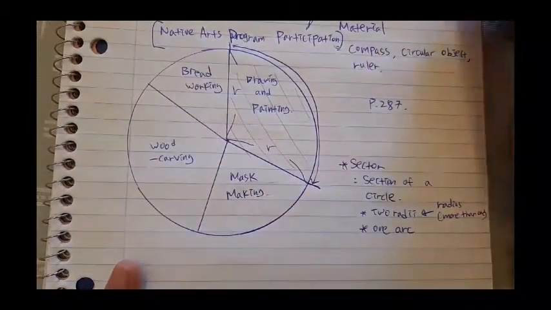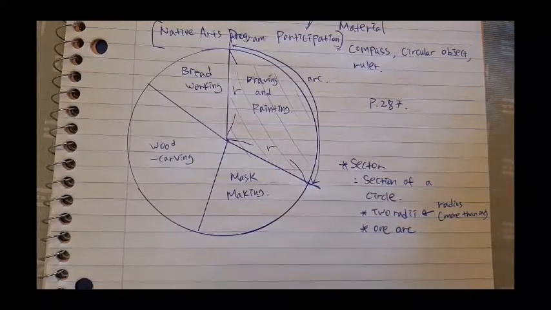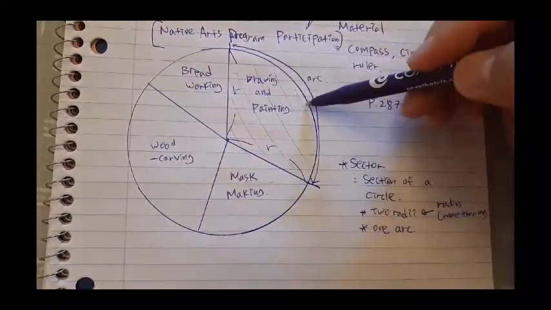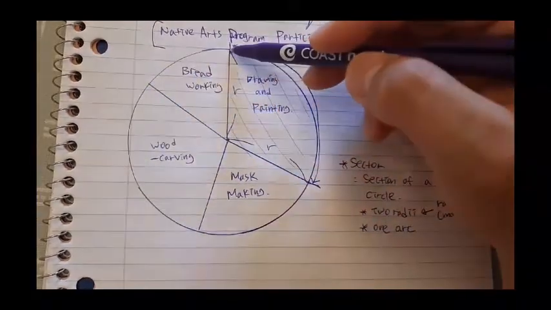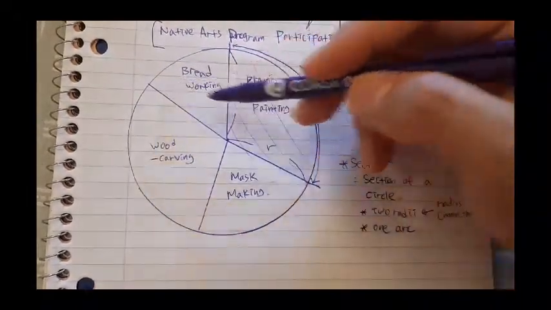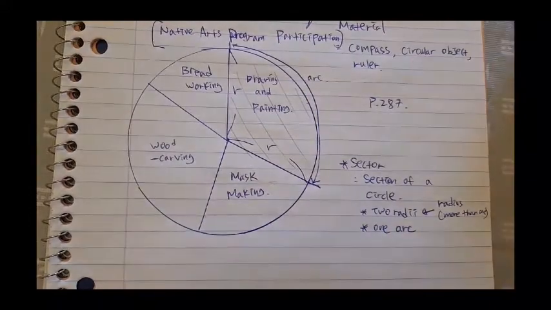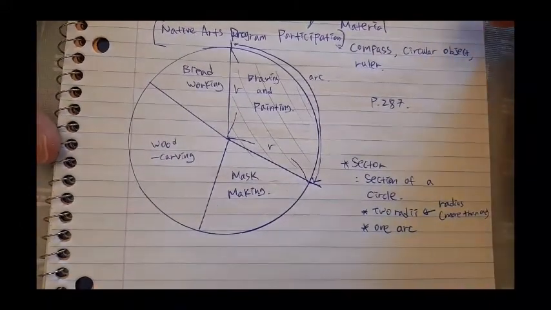This is the arc. So every sector has those. This sector, drawing and painting, has these two radii and an arc. Bead working, radius and radius, followed by arc. Wood carving, radius and radius, followed by arc. Mask making, radius, radius, followed by arc. So as you may notice, you have to have sectors.